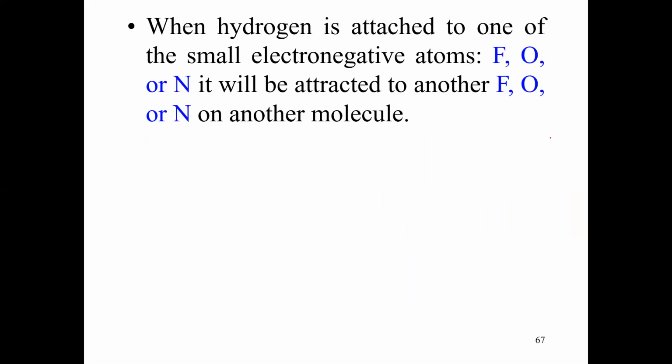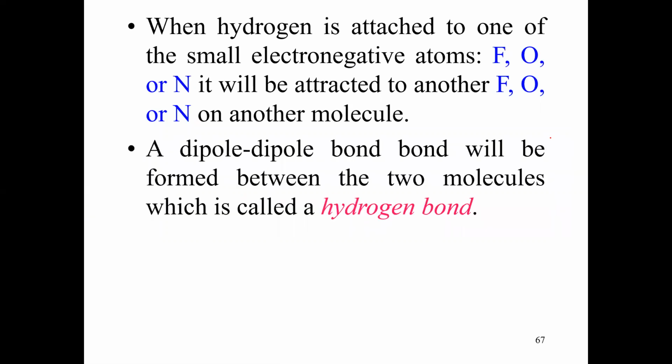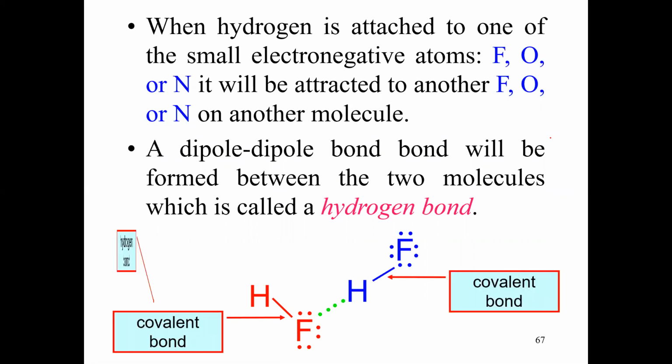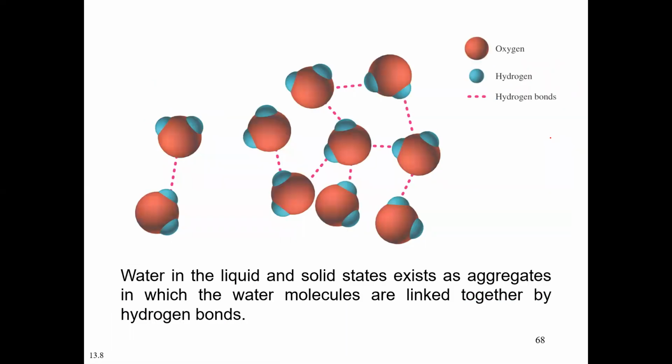When hydrogen is attached to one of these small atoms, it'll be attracted to another one. This dipole-dipole bond formed between two molecules is called a hydrogen bond. Hydrogen fluoride is also a liquid, but it can easily be changed into a gas because of this. Water in the liquid and solid states exists as aggregates linked together by hydrogen bonds.